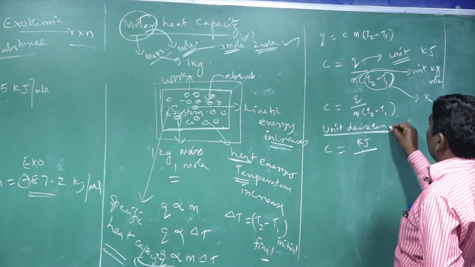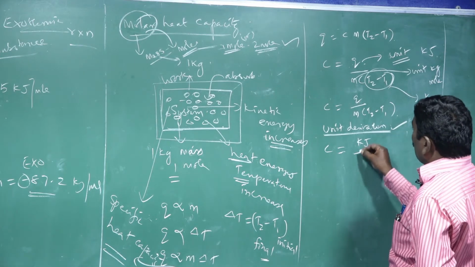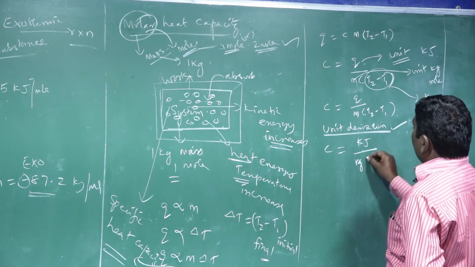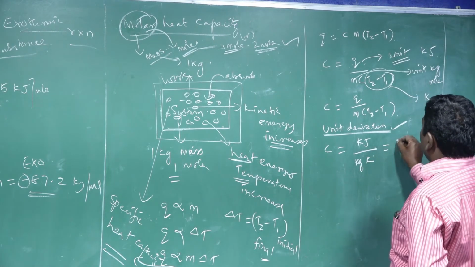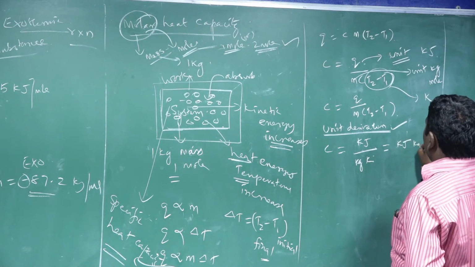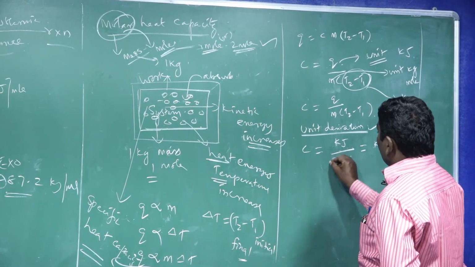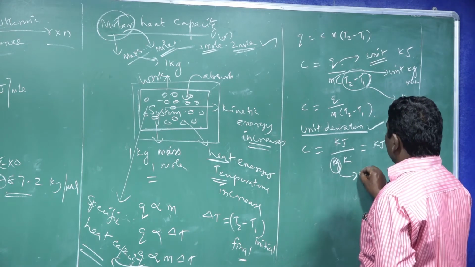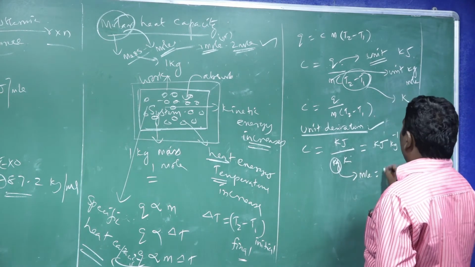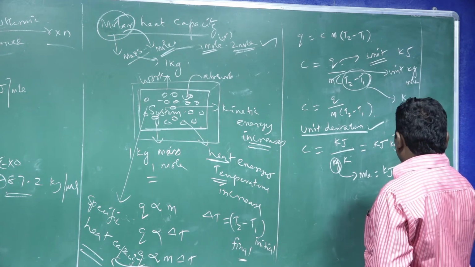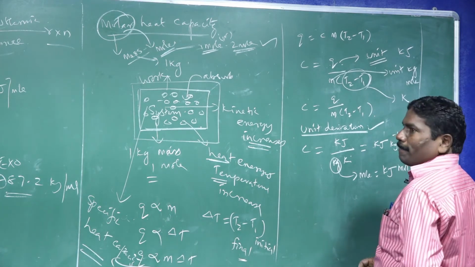Now in these cases you can write kilojoule per mole, or kilogram, and here it is the temperature. So we can write it as kilojoule, kilogram inverse, Kelvin inverse. If instead you substitute mole for the substance, you write kilojoule, mole inverse, Kelvin inverse.